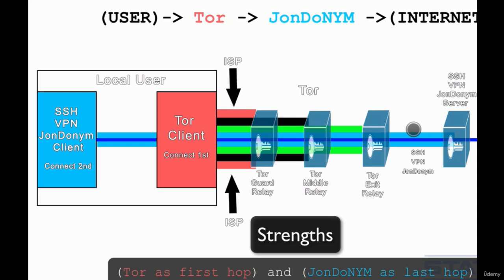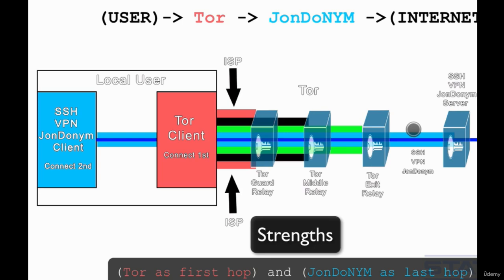Between these two layers, the Tor exit relay and the SSH, VPN, John Doe server, the Tor traffic is stopped and cannot reach its destination through this layer if Tor is first hop and SSH, VPN, John Doe is last hop.